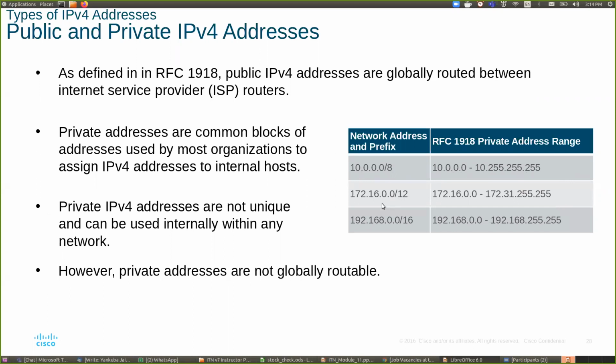Class B private IP address range starts from 172.16.0.0 to 172.31.255.255. The class C private IP address range is 192.168.0.0 up to 192.168.255.255. Any questions on this?